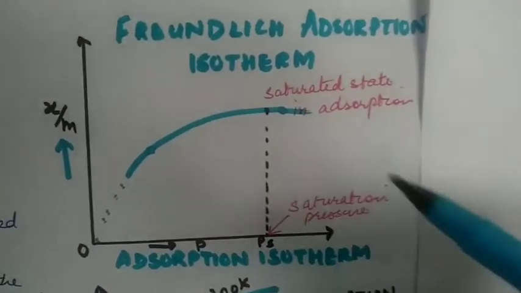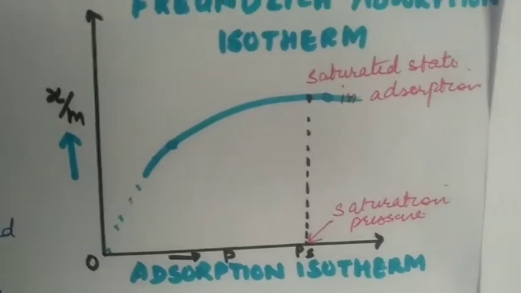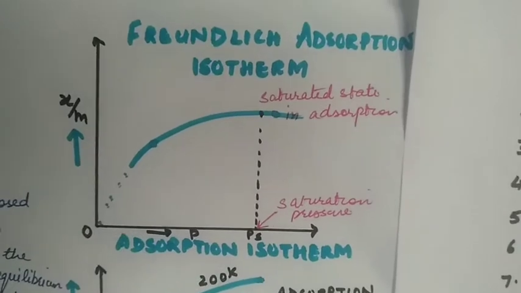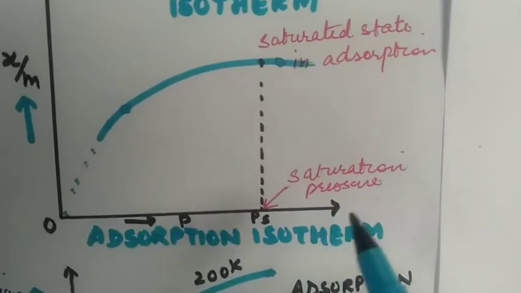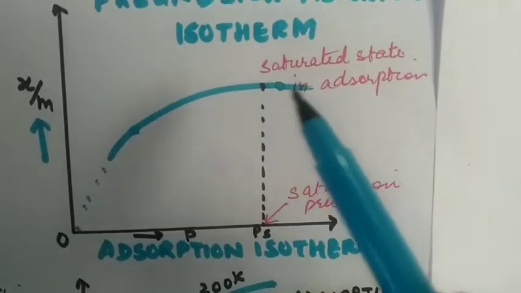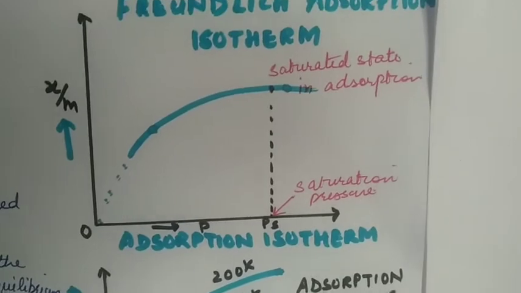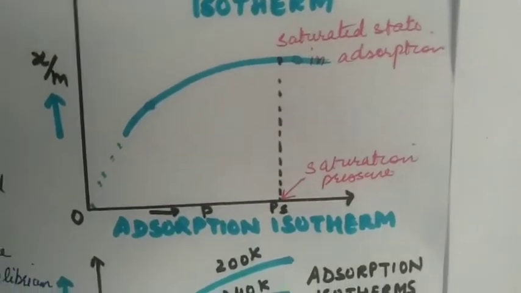But a stage comes when the slots for adsorption are limited, most of the gas has adsorbed. Then at that stage, whatever increase there may be in the pressure, there is no increase in the extent of adsorption. At this stage the rate of adsorption is equal to the rate of desorption.